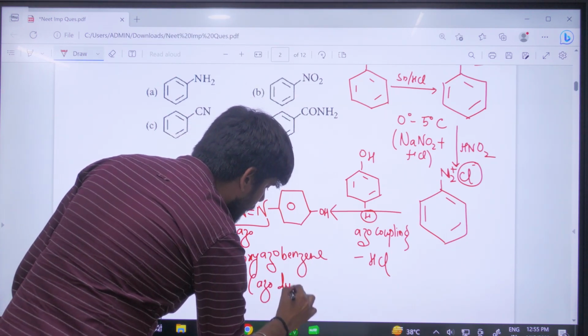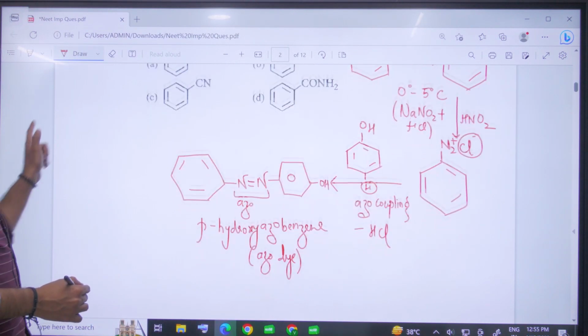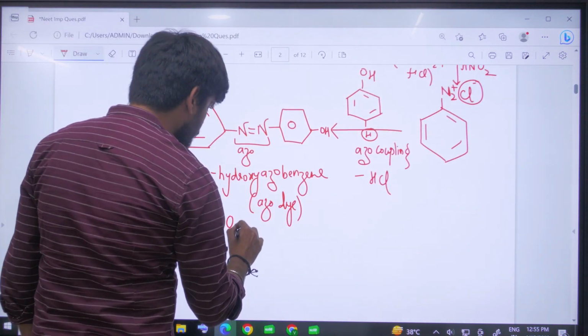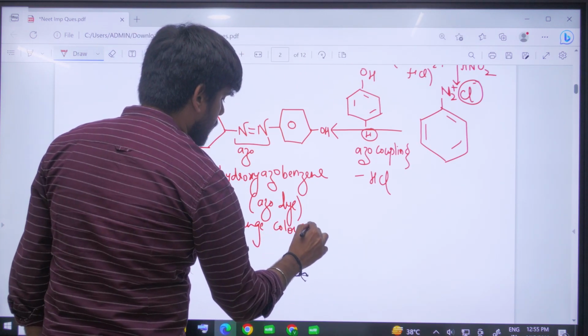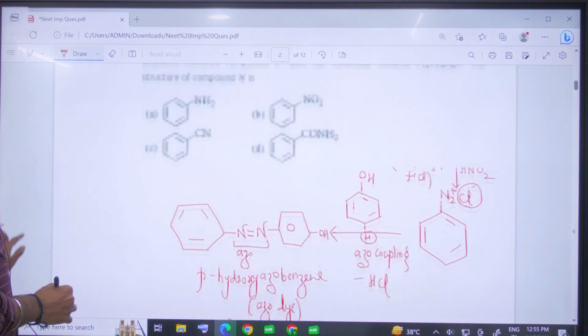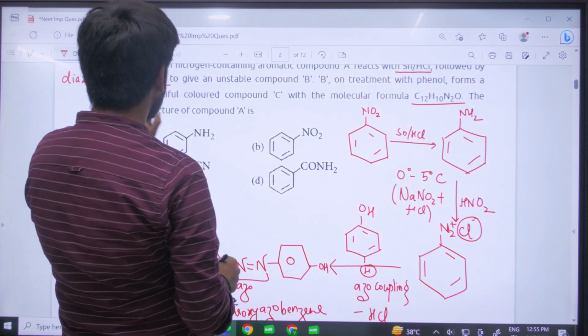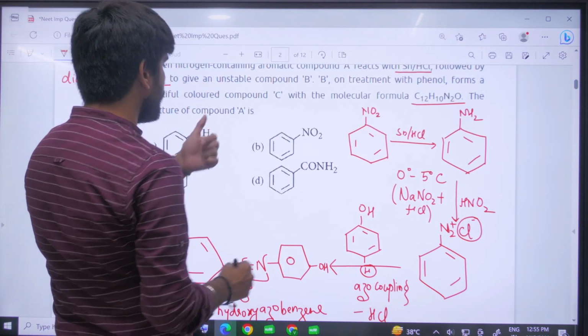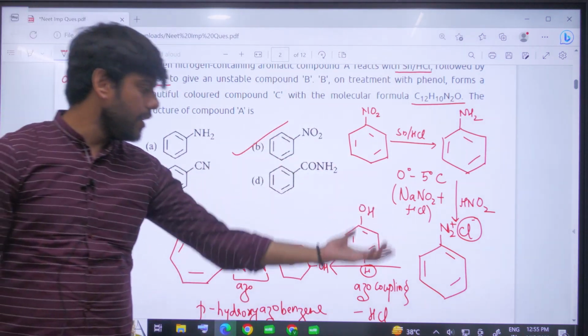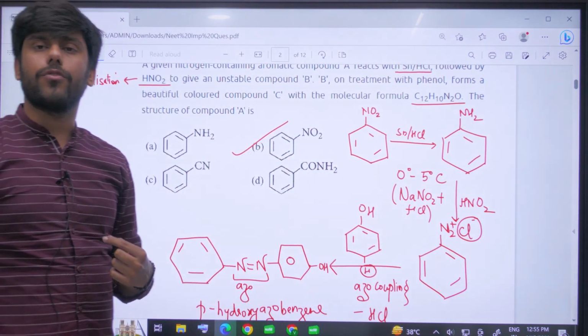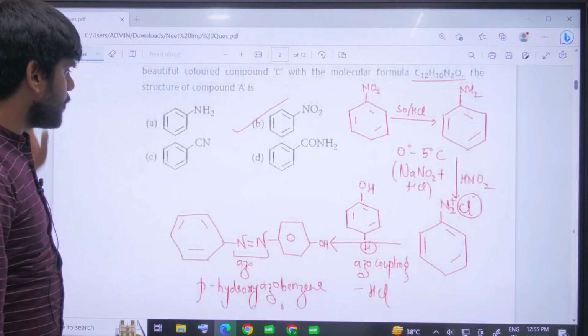This is your azo dye, and it is orangish color. Yes, orange colored dye, right? So you are asked about A, so A is nitrobenzene, and this is how we end up getting para-hydroxyazobenzene. I hope you understood this question.